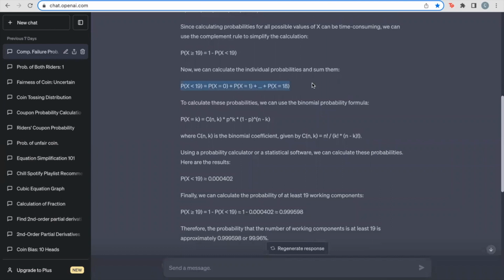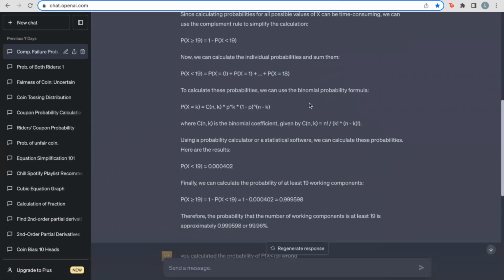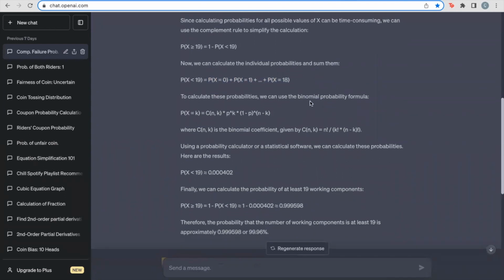We can show P(X < 19) like this. To calculate these probabilities, we can use the binomial probability formula. The binomial probability formula is given correctly. But when we look at the next step, this part, there is no formula, only the answer, also wrong answer.